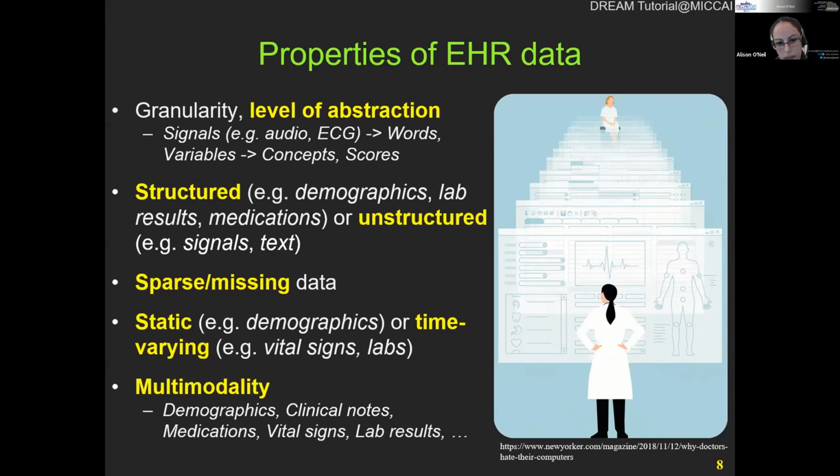And the data may be static, so for instance, demographics, or it might be time varying. So we might have measurements at different points in time, for instance, vital signs measurements or lab test results. And in general, alongside the imaging, we still have lots of what we could call modes of data or data types within the electronic health records, so demographics and clinical notes and medications and so on. So we have a very rich source of information, but it's messy.